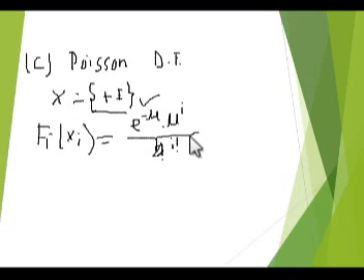So this is our Poisson distribution, and mu must be greater than 0, never equal to 0.